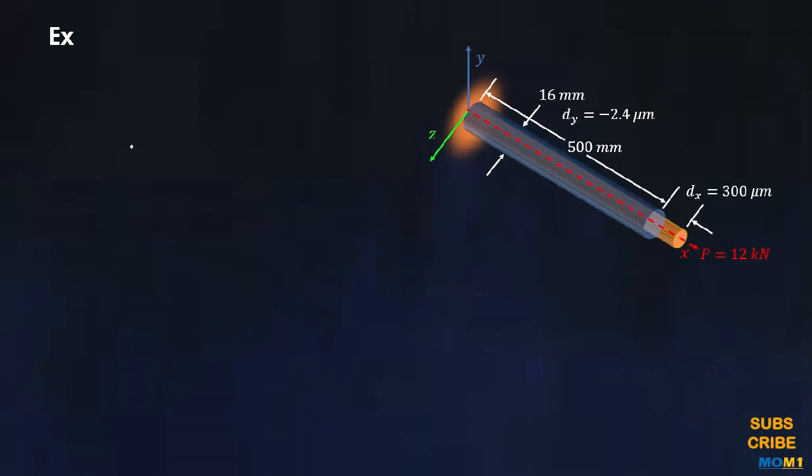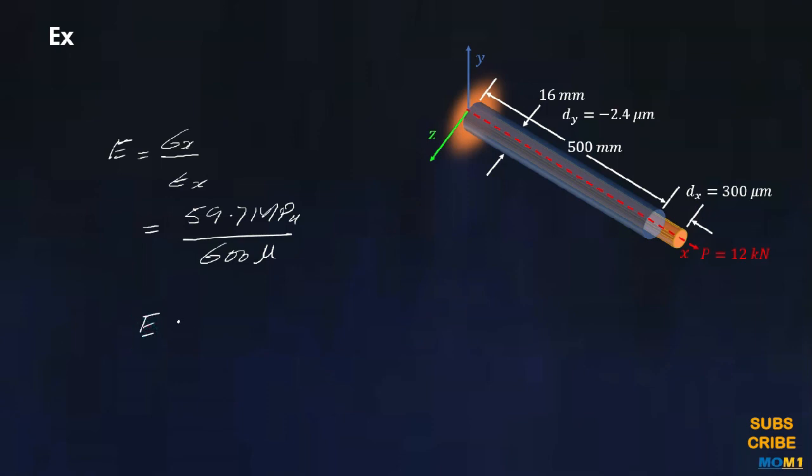So we can calculate the value of Young's modulus, that is sigma x upon epsilon x. This is 59.7 megapascal upon 600 micron. So the Young's modulus is going to be 99.5 gigapascal.